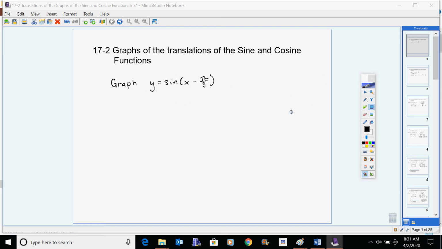All right, so looking at this one, if you remember from the other lesson, an important thing that you need to do is take whatever you're taking the sine of and put it between 0 and 2 pi, because the period for a standard sine function is from 0 to 2 pi.